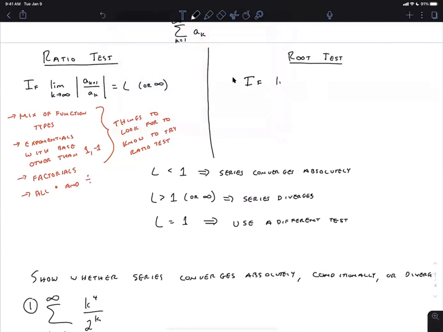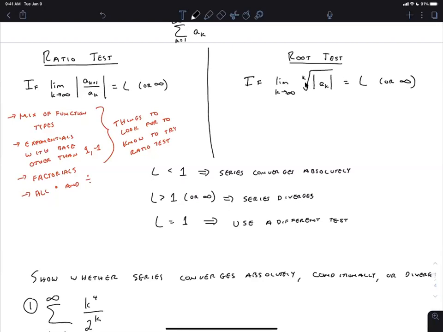But all right, so if the limit as k approaches infinity of the k root of the absolute value of a_k is equal to L or infinity, then same conclusions. So if L is less than 1, the series converges absolutely. If L is bigger than 1 or it's infinity, the series diverges. Or if L equals 1, you shouldn't use the ratio or the root test.